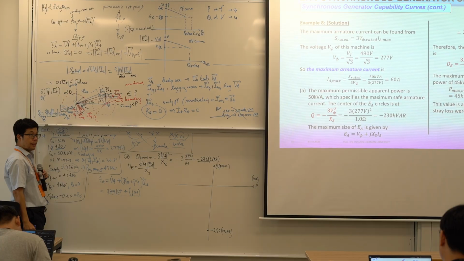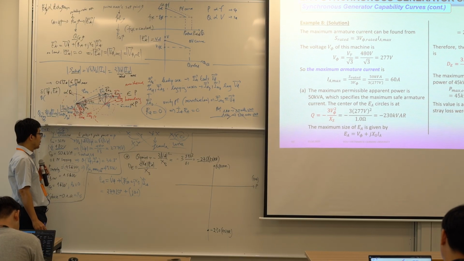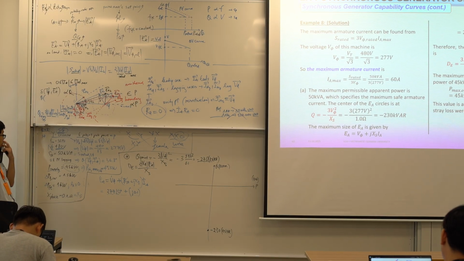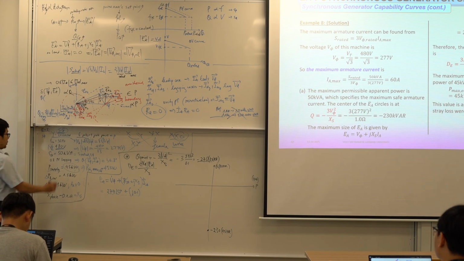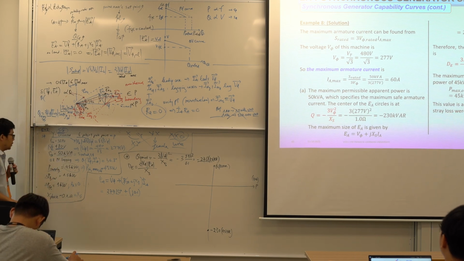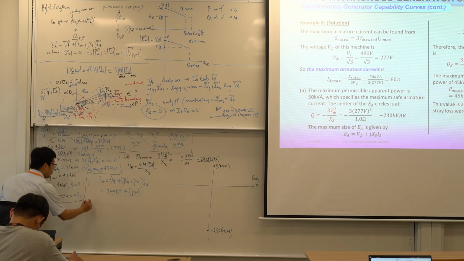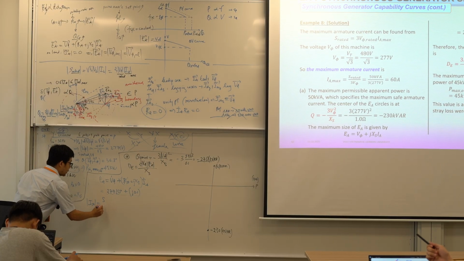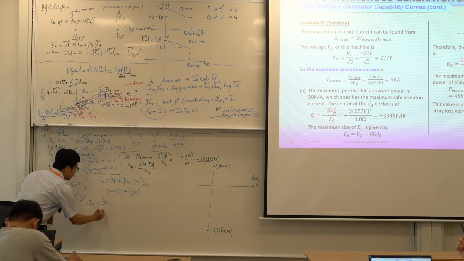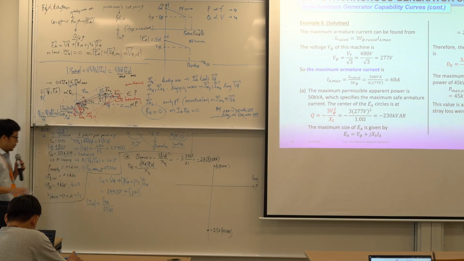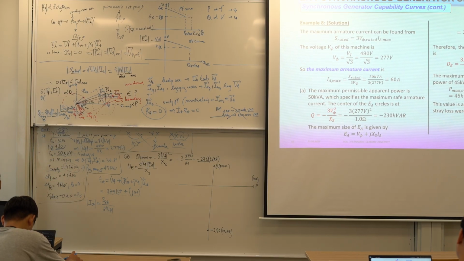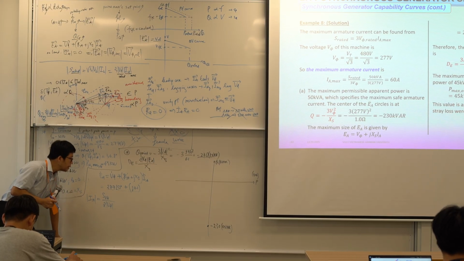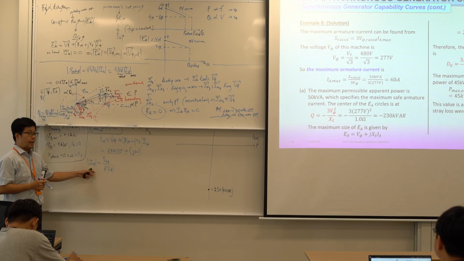Do we know IA? Yes, we know IA because they give us the rated three-phase apparent power. So the magnitude of IA is S three-phase over 3 V phase.